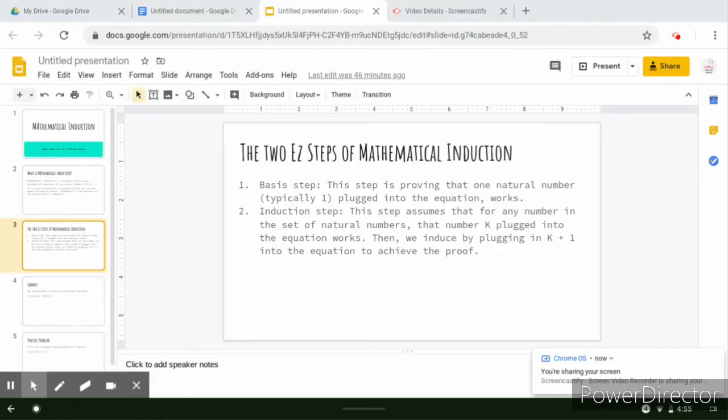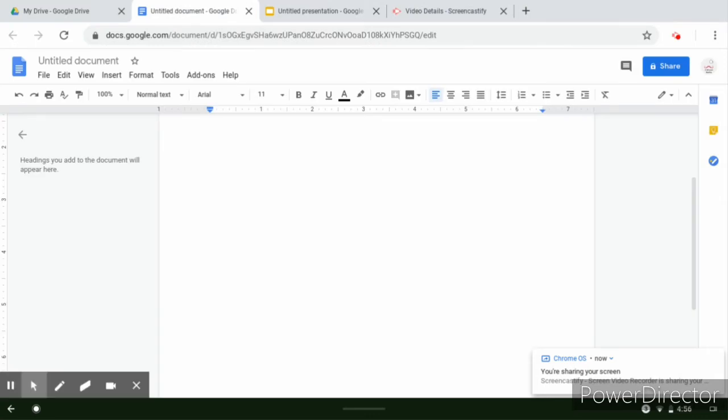There are two easy steps of mathematical induction. First, we have our basis step. In this step, we're simply proving that one natural number, usually 1, plugged into our equation works. Using the same equation as before, we have 1, 2, 3, all the way up to k, and our statement P is k times k plus 1 over 2.